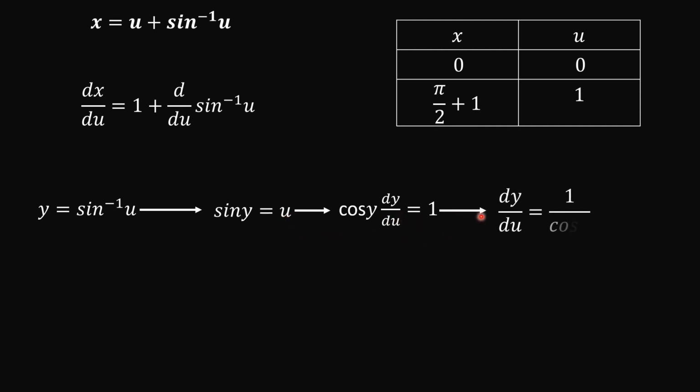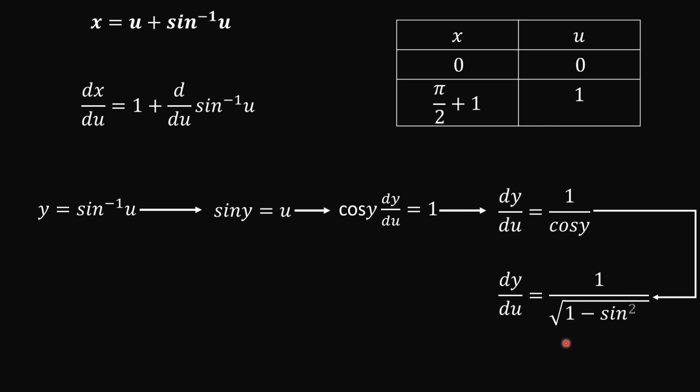That means that dy du is equal to 1 over cosine y, and cosine y is the same as the square root of 1 minus sine squared y. So dy du is the same as 1 over the square root of 1 minus u squared, since sine y is the same as u. And so the derivative of arcsine of u is 1 over the square root of 1 minus u squared.